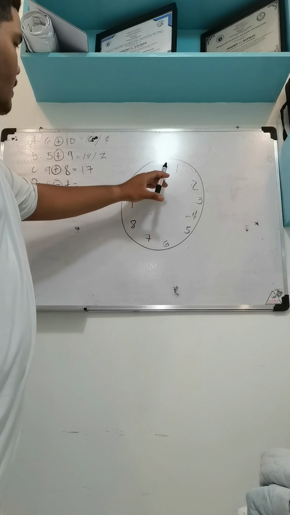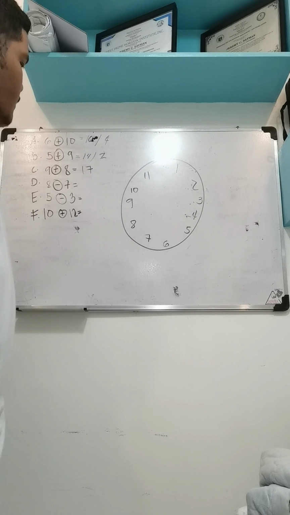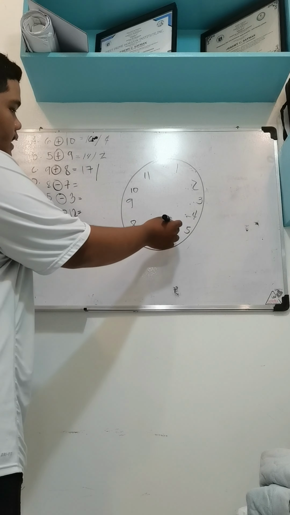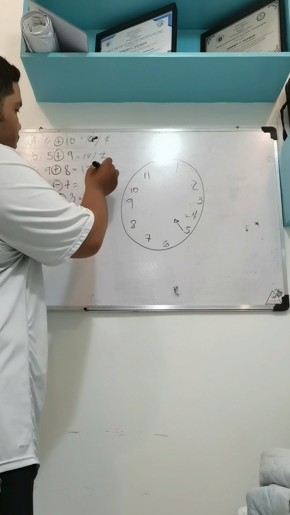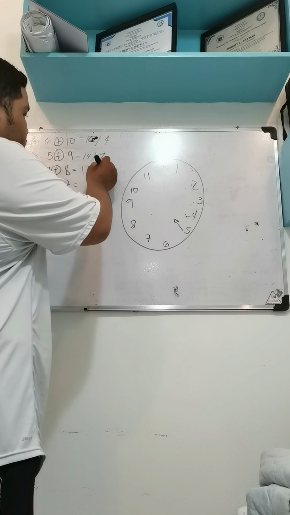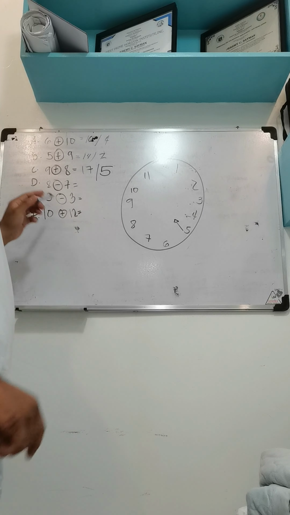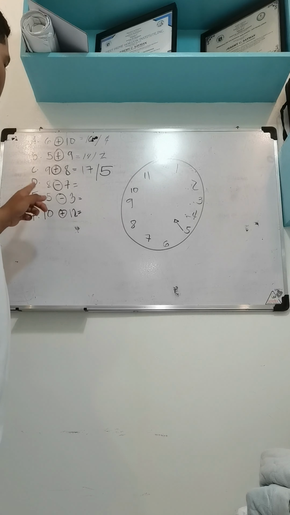So 12, 13, 14, 15, 16, 17. So in this one, 17 gives us 5 o'clock in 12-hour clock.